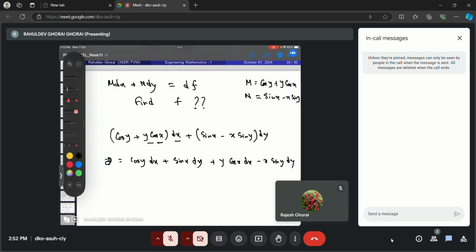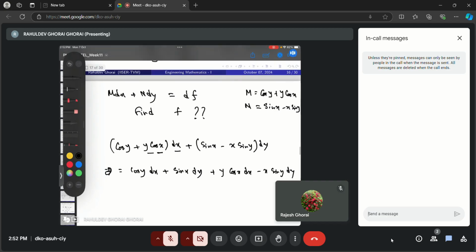Okay, so here this is a little bit involved, I think. What we usually do, we take integration when the differential equation is exact. Mainly we have to manipulate to get it in the form of d of something.